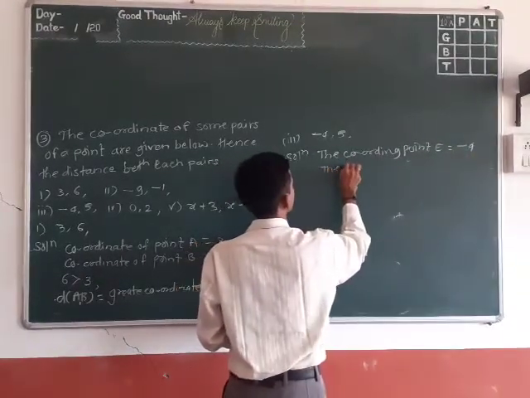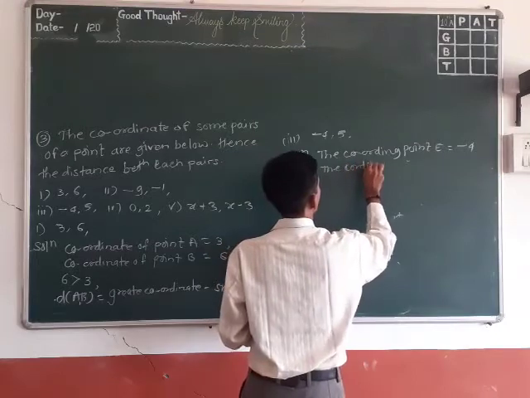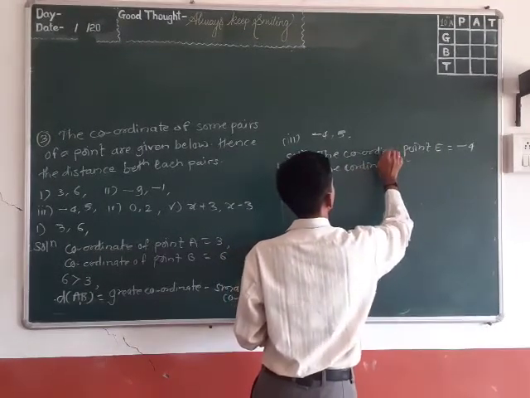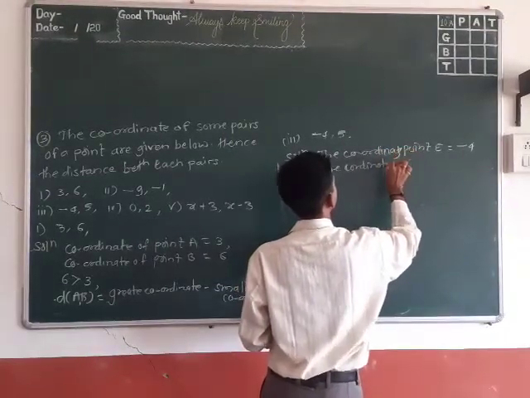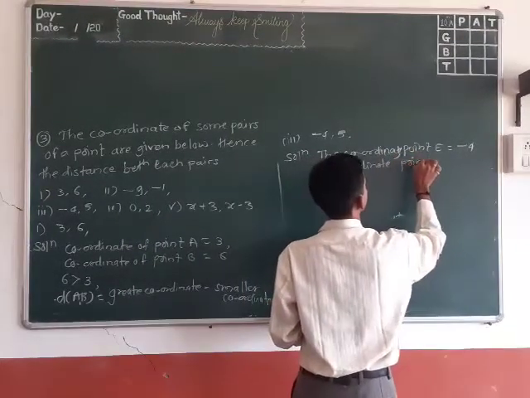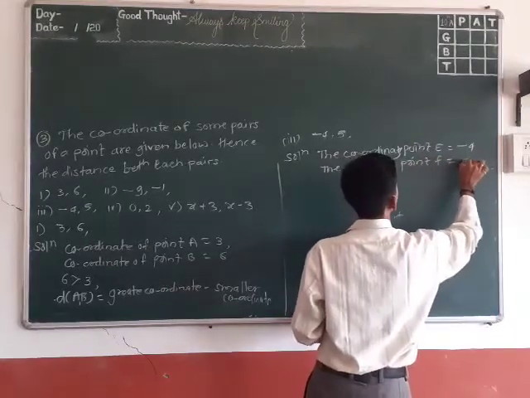The coordinate of point F is equal to 5.